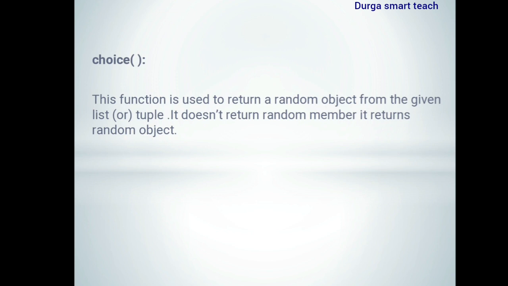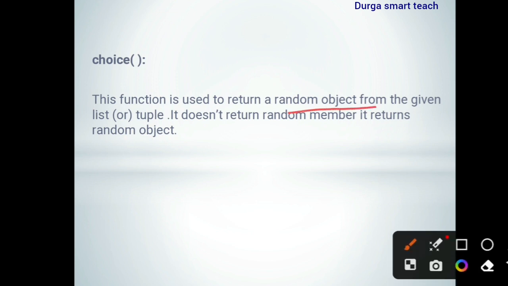This function is used to generate one random object from a given list or tuple. So we all know list. A list is a heterogeneous collection of elements. A tuple is also a collection of heterogeneous elements. For example, a list contains 10, 20, 30.